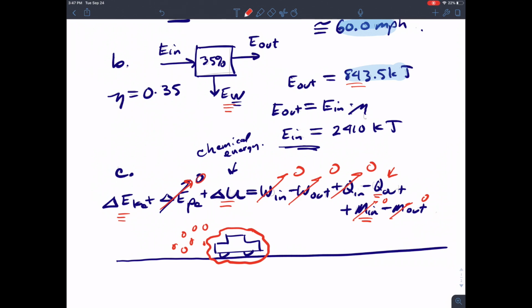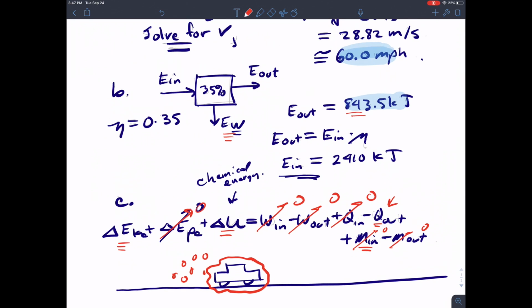I don't expect that you would be able to handle a really complicated problem like this, but these simple ideas, if I gave you another SUV, I'd want you to be able to think through this and identify the sources of energy for the exam.